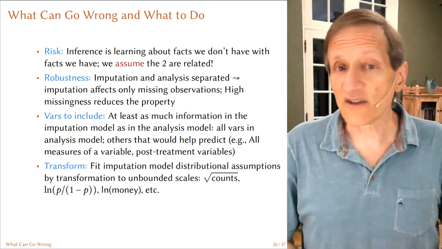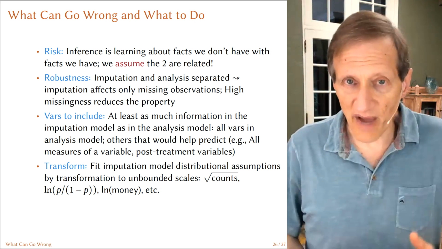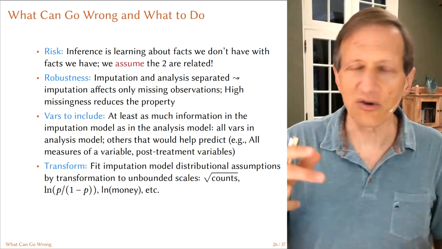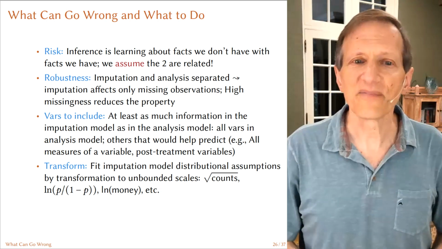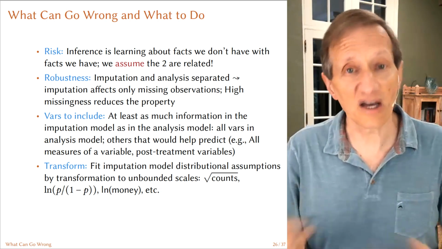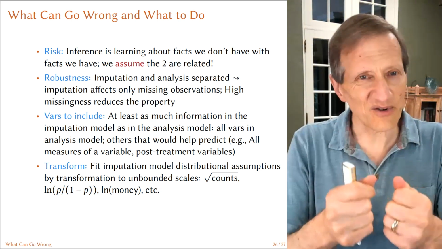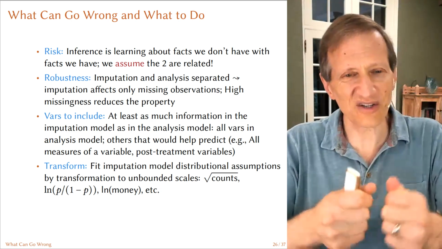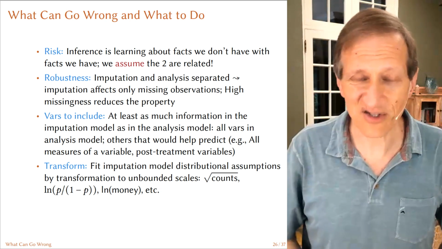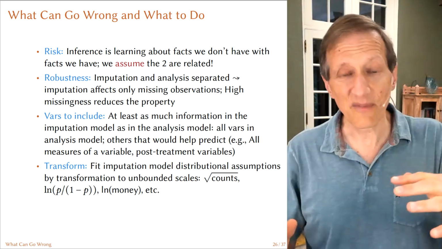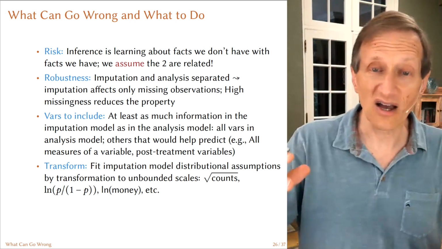You should also transform. This is a multivariate normal model, so you try to make the variables a little closer to normal and linear if you can. So you can transform them to unbounded scales, take the square root of counts, take a probability or a proportion that goes from 0 to 1 and stretch it out by taking its logistic function. You can make a skewed variable like money more normal.